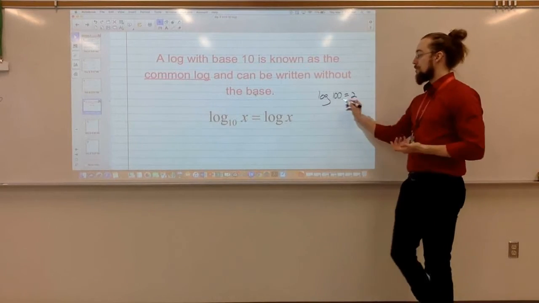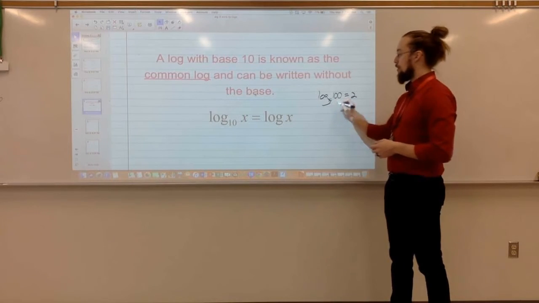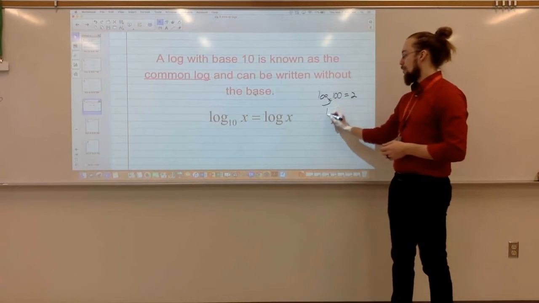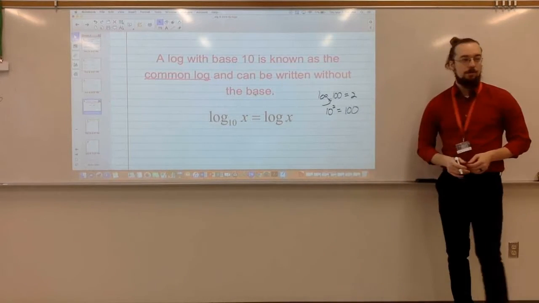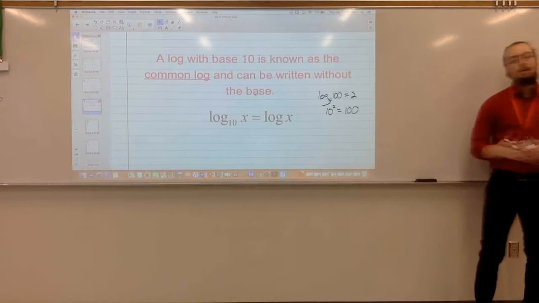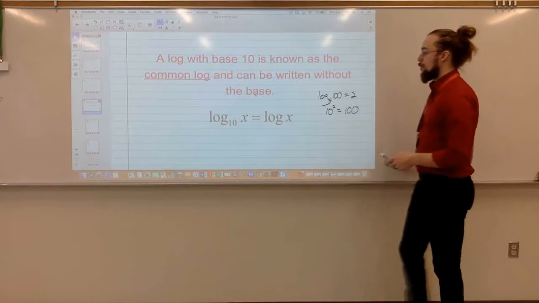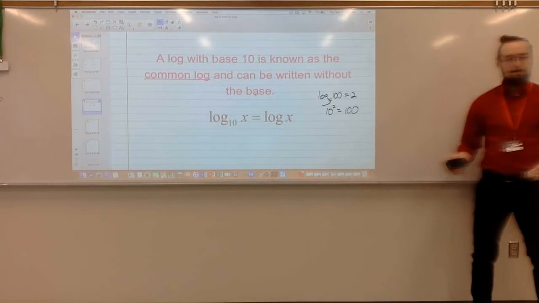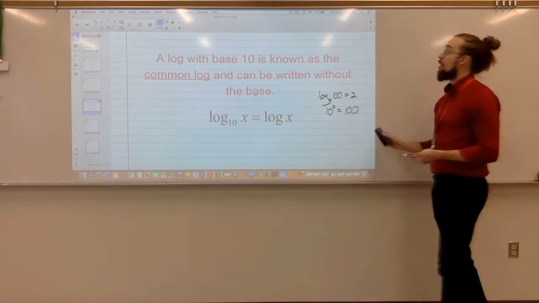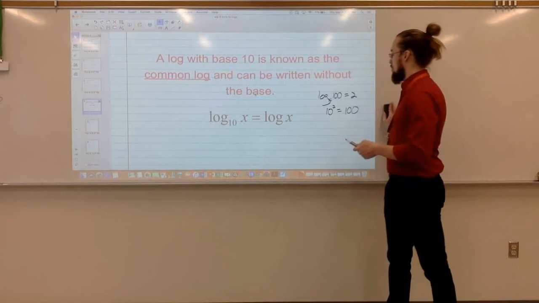So I need to fill in that the base is 10 and say, well, this would actually be 10 squared equals 100. So make sure that we know there's no base written. It's actually 10. Okay, so this is going to be another short lesson today.